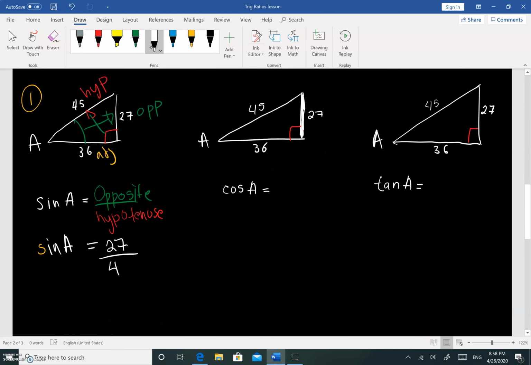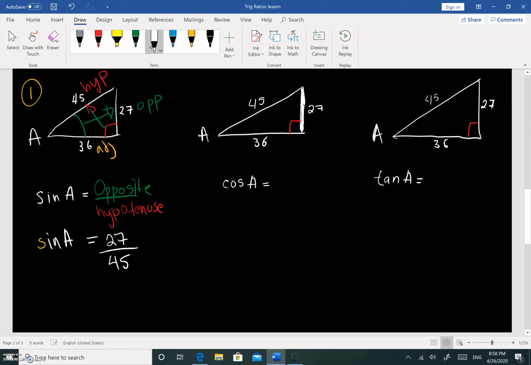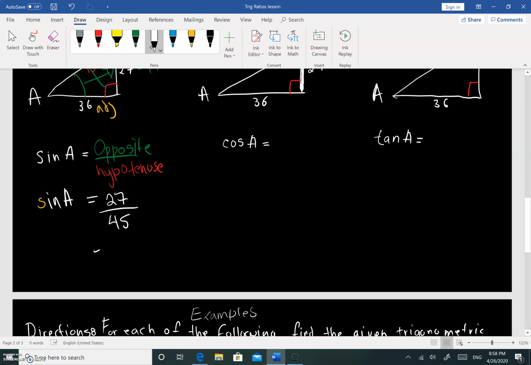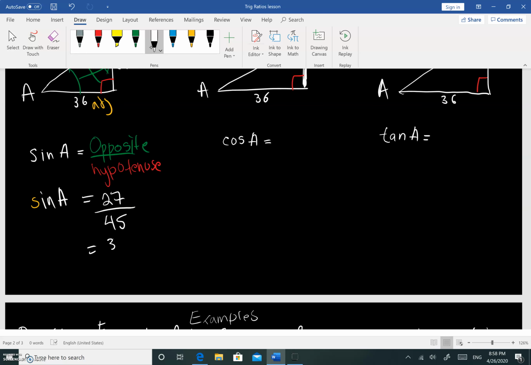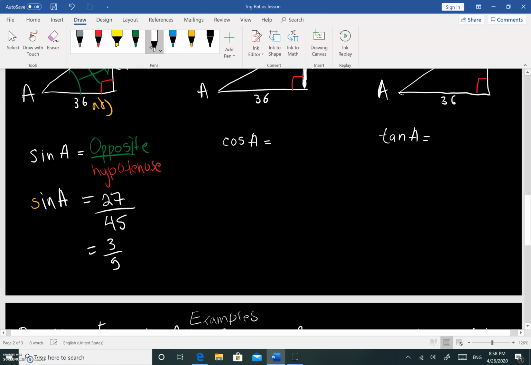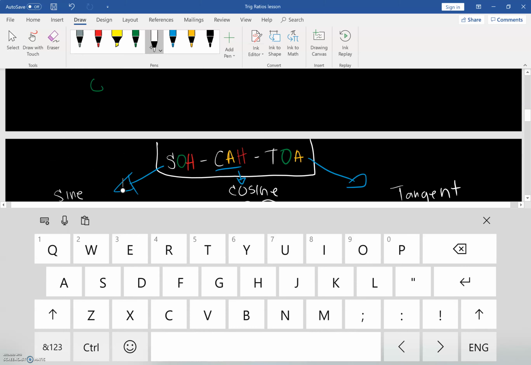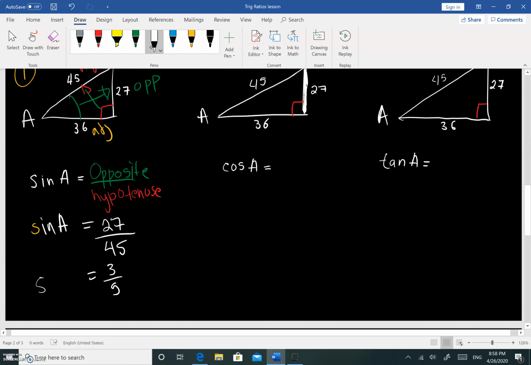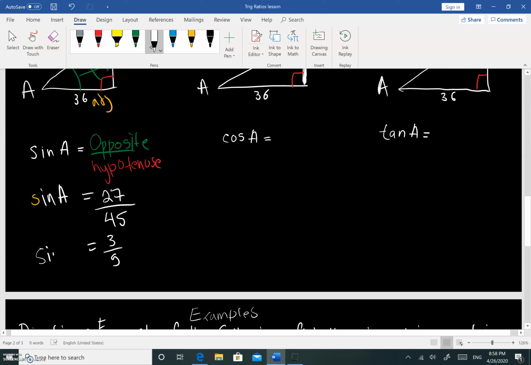Now 27 over 45, you can actually simplify that, right? 27 and 45 are both divisible by 9, so it's going to be 3 over 5. So my answer is sine of A is equal to 3 over 5.